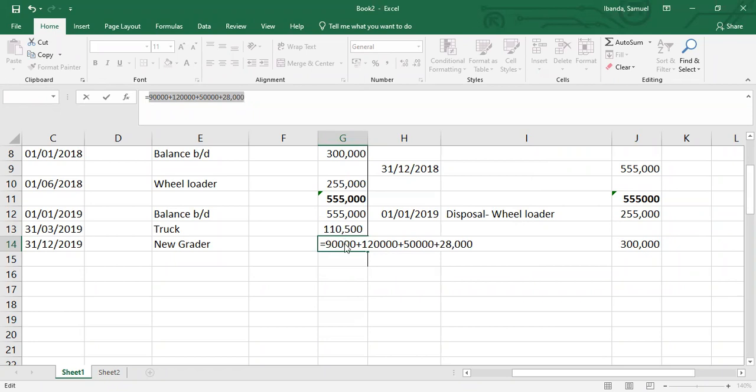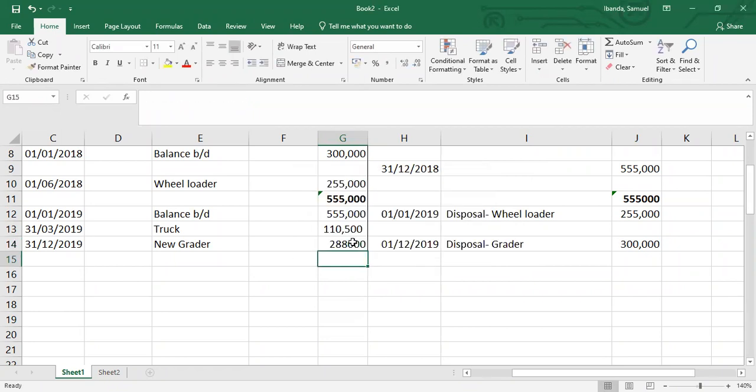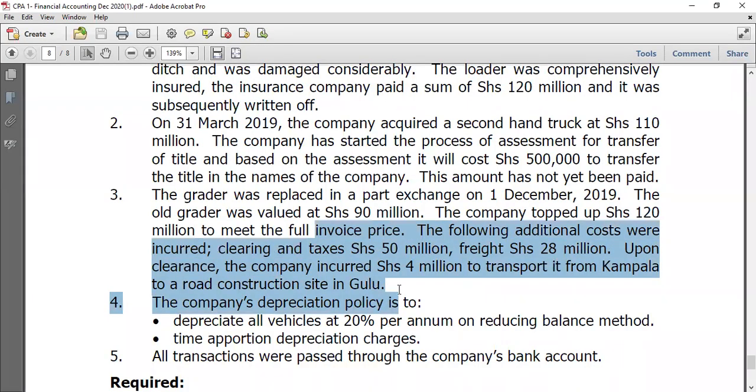So it gives us a worth of 388 million. That is the new grader. This is the new value of the grader, okay? So that is how we would recognize the grader, okay?